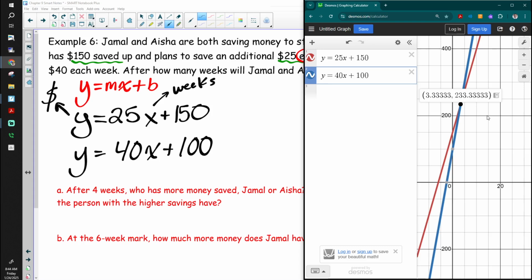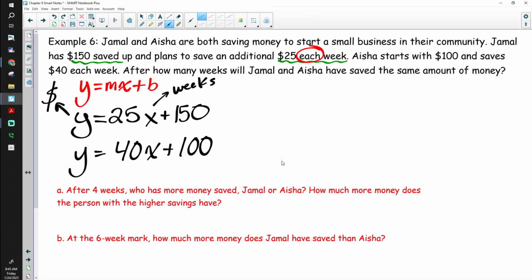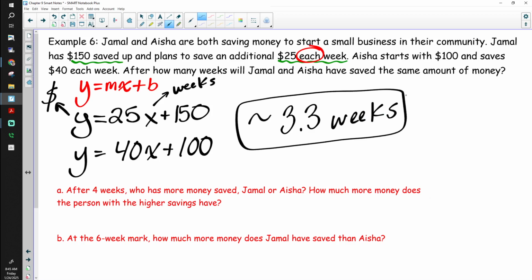And how much will they have after 3.3 weeks? They will have $233.3. So our answer is going to be 3.3. This is how you say about in math. About 3.3 weeks. That's when they'll have the same amount of money.